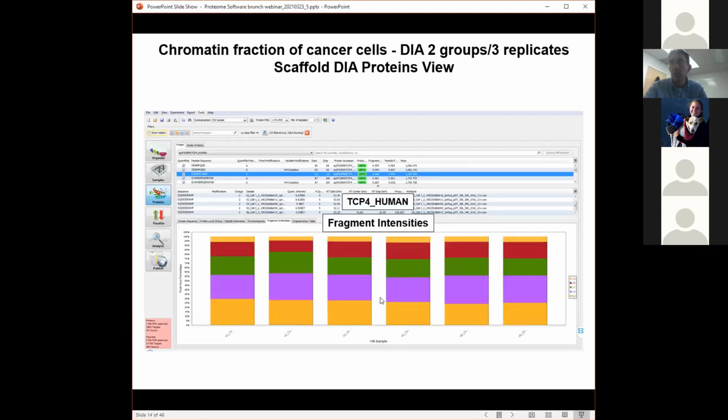And that's what you can see in the fragment intensities view, where even though the absolute quantity of each of these is different, the relative proportion is the same. And this gives us confidence in the quantification and identification. Now, you don't do this, obviously, for every one of thousands of proteins, but when you have a protein that's of particular interest, and especially if it's low abundance, you want to be able to examine it yourself and be sure you have confidence in it.